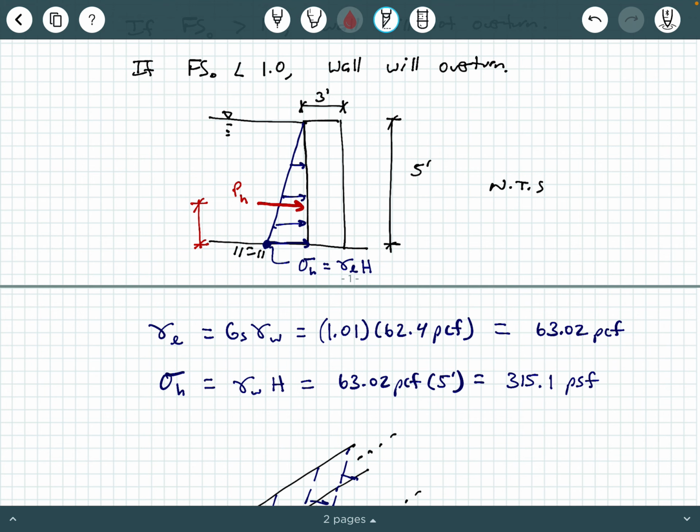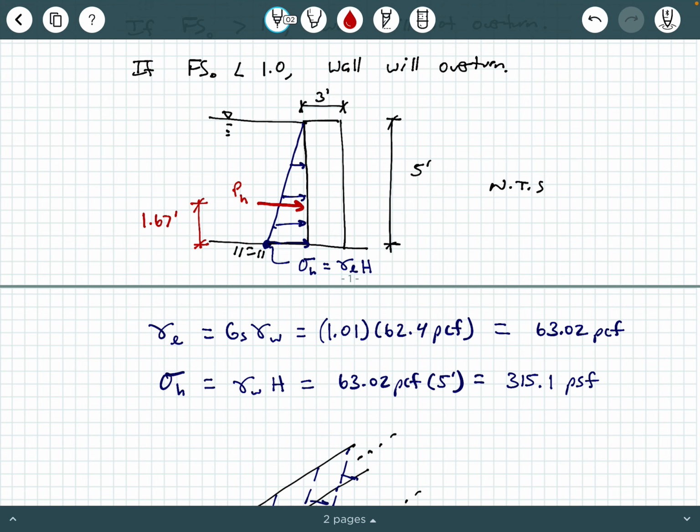Well, it's 1/3 of the distance from the back side of this triangle, or 2/3 of the distance from the tip of the triangle. So if I measure this pressure distribution centroid from the base of the wall, then that's going to be 1/3 times 5, so just 5/3. So that's 1.67 feet from the base of the wall.